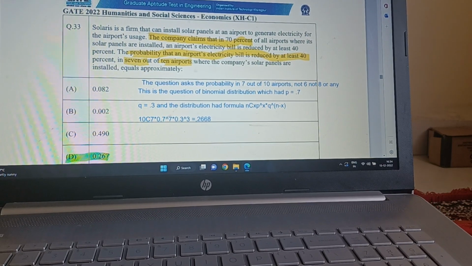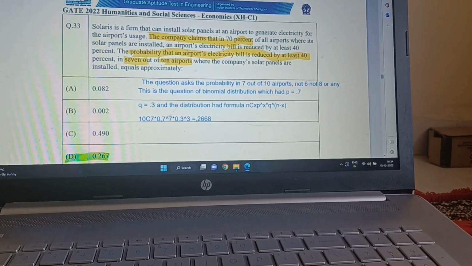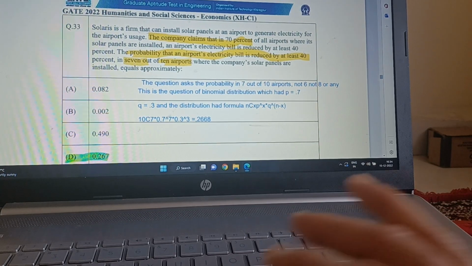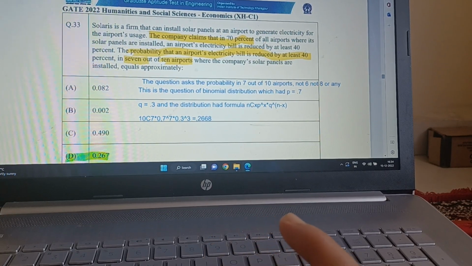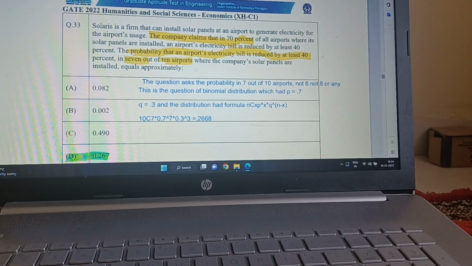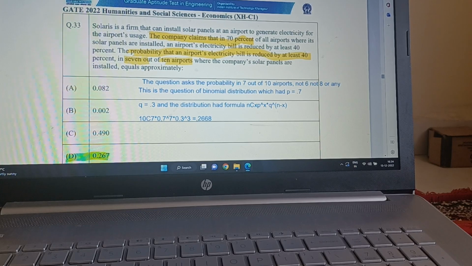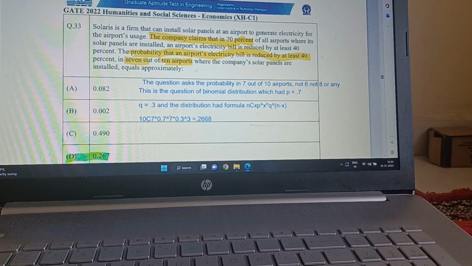So that's why it becomes the binomial distribution. And what is the formula for binomial distribution? Here you see that it claims that 70% of all airports reduce electricity, hence P becomes 0.7. 70% means 0.7. And Q is 0.3, meaning 40% won't be reduced.